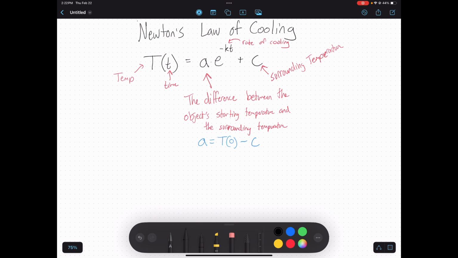So let's see if we can use Newton's law of cooling to help me figure out what's actually going on here. Okay, so we've got a hot tub that breaks. The surrounding temperature is 72 degrees. Beautiful day outside.